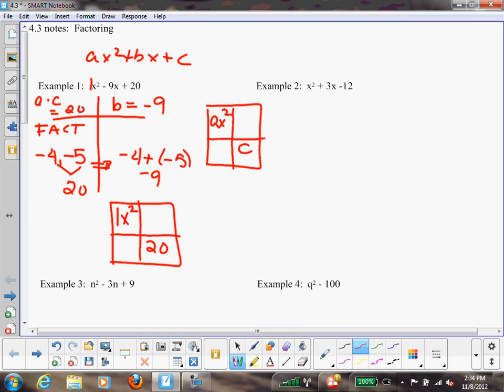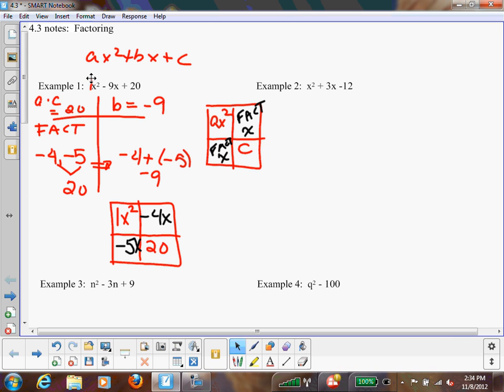And in these two diagonals, it really makes no difference, but all I want to do is put in my factors here, my factors times x. And so what I'm going to put here is maybe negative 4x and negative 5x.